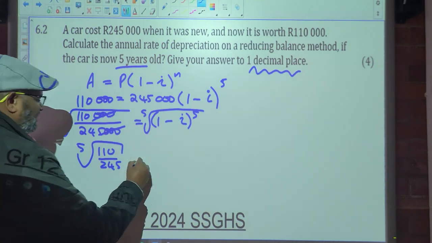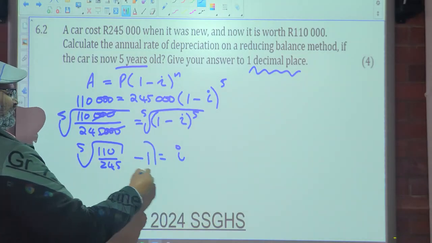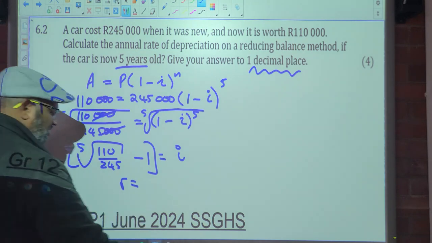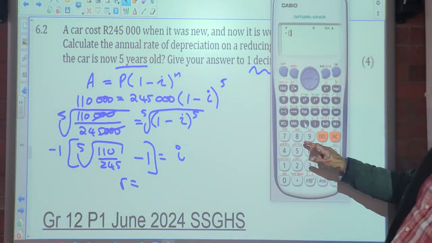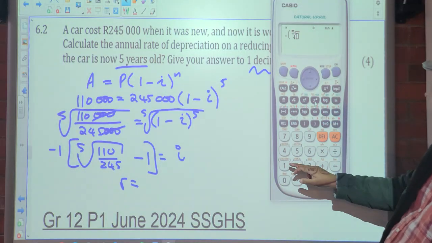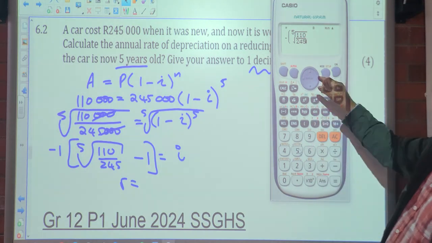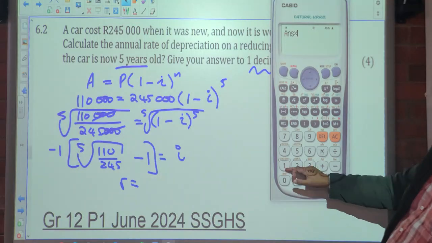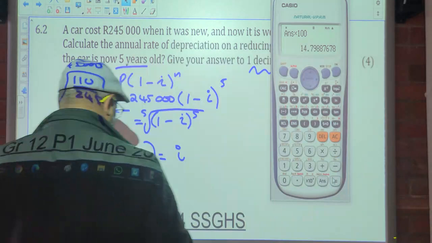Subtract 1, so it is equal to minus i. Divide by negative 1 on both sides, then multiply by 100 to get the rate: negative, open brackets, the fifth root of 110 over 245 minus 1, times 100. That gives you 14.8%.